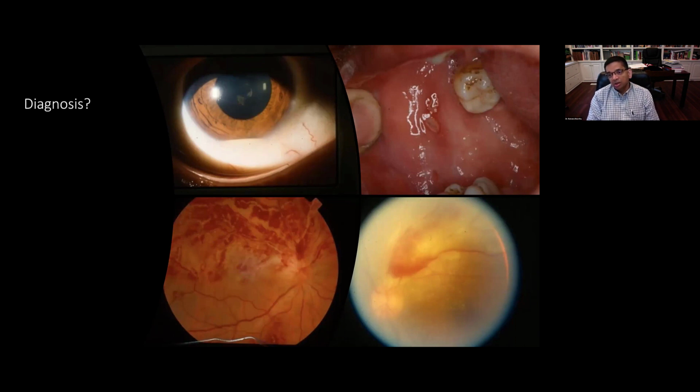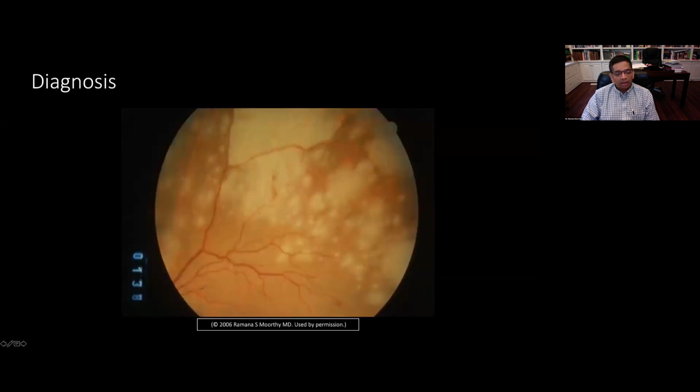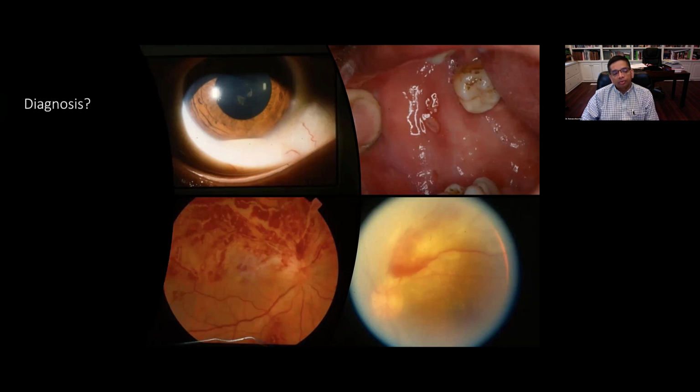So this patient has what syndrome? Everybody probably knows this. This is Behçet's disease. This patient requires anti-TNF therapy because of the retinal vasculitis and needs to be treated aggressively with long-term immunosuppression as well. Topical corticosteroids and regional steroids can also be utilized for acute control.